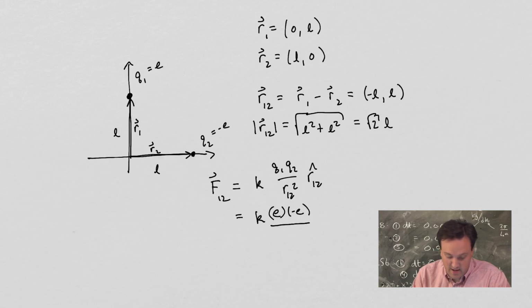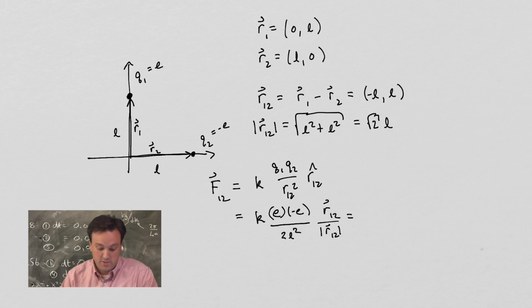I then have to divide it by the magnitude of R12 squared, which I found. So the magnitude of R12 is the square root of 2 times L, and so this is 2L squared. And then I have to multiply it by R12 hat, which is, of course, R12 divided by the magnitude of R12.